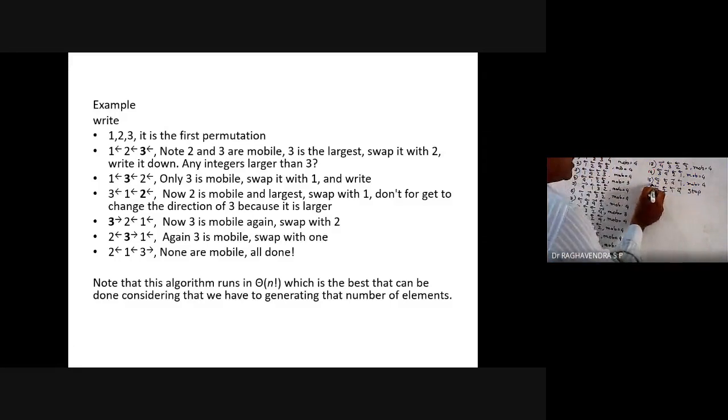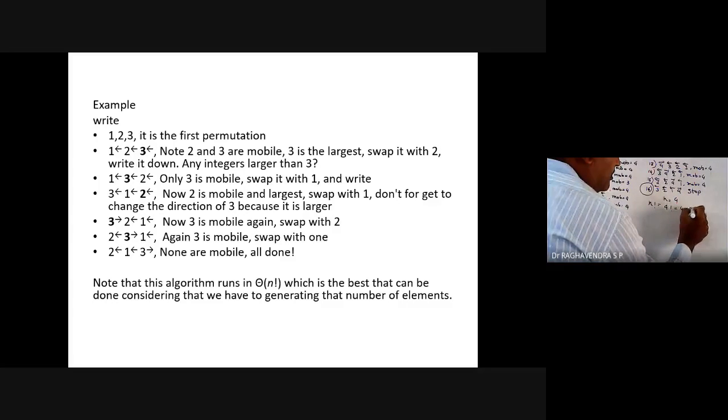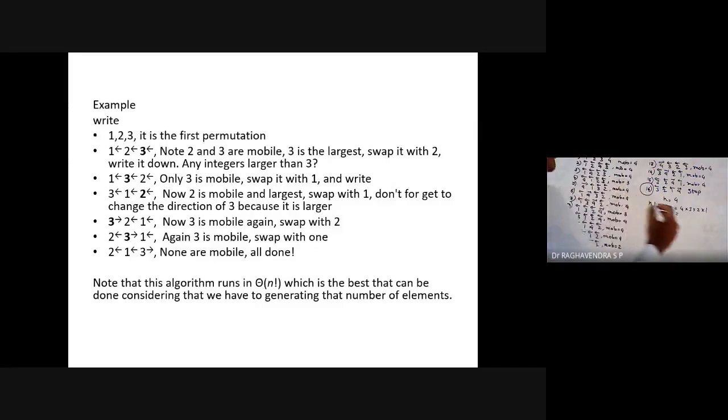So how many numbers have we taken here? 16. So what is n factorial? That is n is equals to, in this case, 4. So 4 factorial, which is nothing but 4 into 3 into 2 into 1. That is 24.